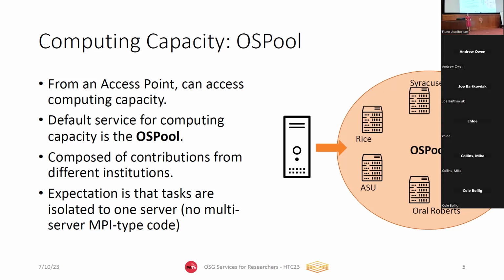And the one expectation aligned with the idea of high throughput workloads is that individual jobs or tasks are not going to be using multiple servers for one job or task with MPI, but that an individual job can use multiple cores, but is only going to be using one node at a time.